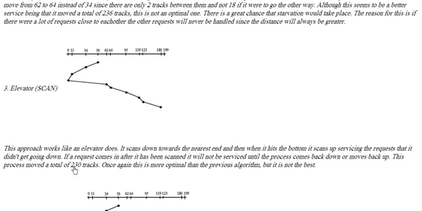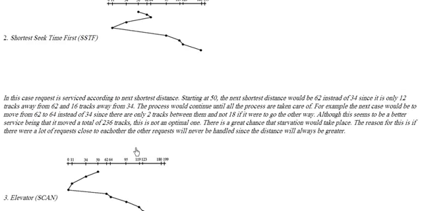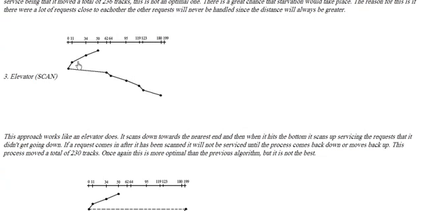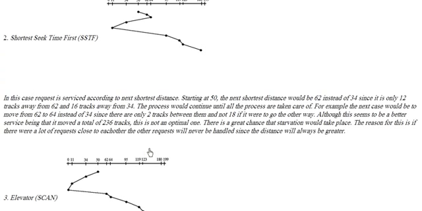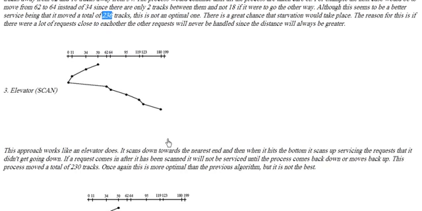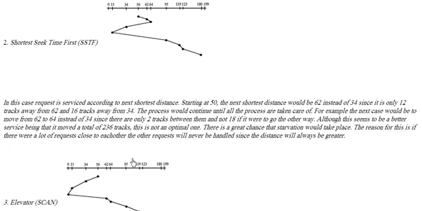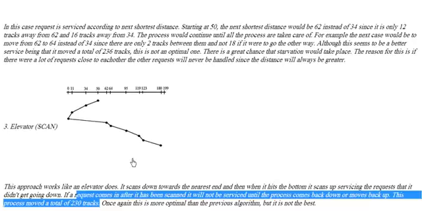This process moved a total of 230 tracks. If you count the number of tracks from here to here and so forth, you're going to have a total of 230. In the previous example, we had 236, so this is much better than the shortest seek time first.